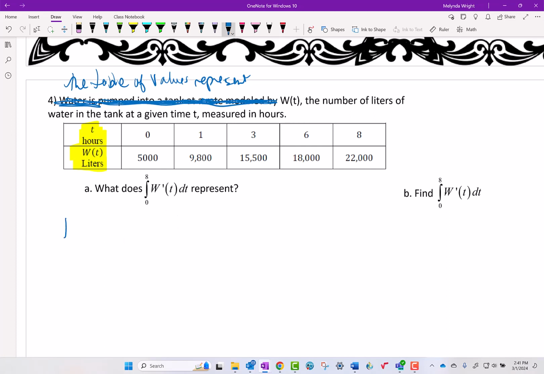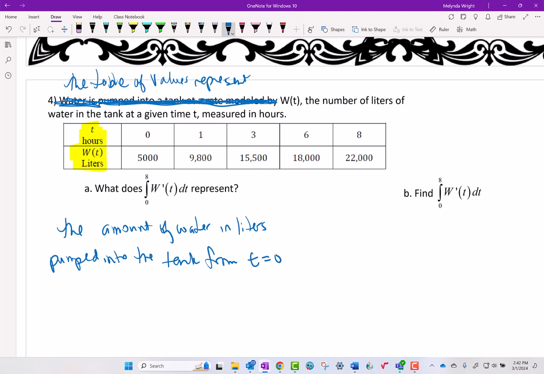It represents the amount of water in liters. Let's put our units in there. In liters pumped into the tank. This is like a part 2 of the one that we just did. Pumped into the tank from T equals 0 to T equals 8, and our unit is hours.